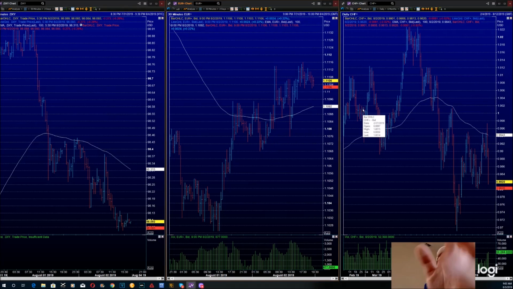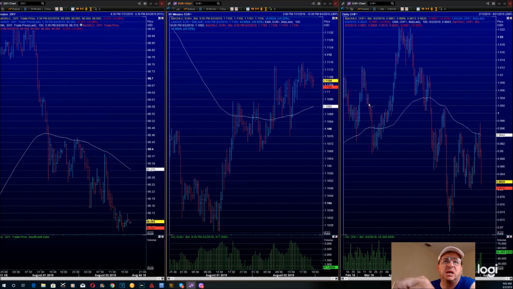Swiss franc, I actually sometimes trade just based on technicals, because I don't see big news, or even if there are news, I'm not finding it is moving Swiss franc. I think American news would move Swiss franc more than Swiss news or European news.